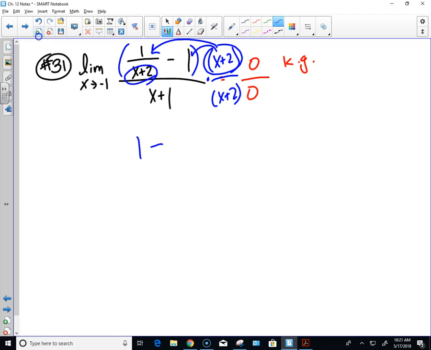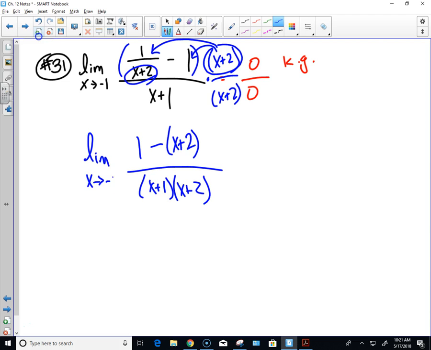Minus, and 1 times anything is itself. Did you put the parentheses? Did you put the parentheses? Did you rewrite the limit? Don't let me take away points because of your notation.